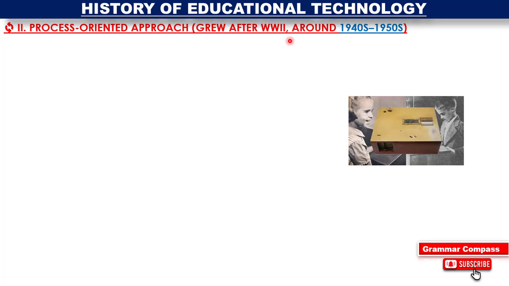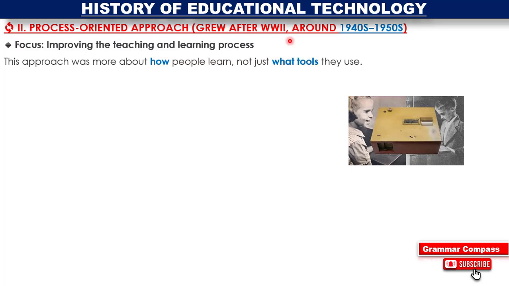What was this approach? How different was it from the product approach? This approach focused on improving the teaching and learning process. So it was more about how people learn and not just the tools that they will use to help people to learn.